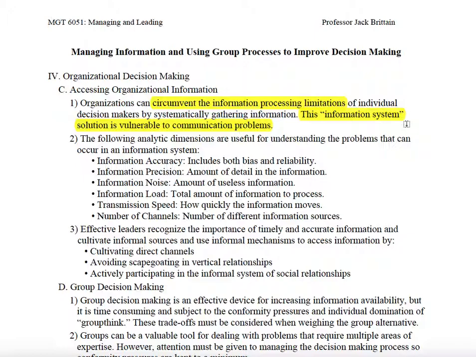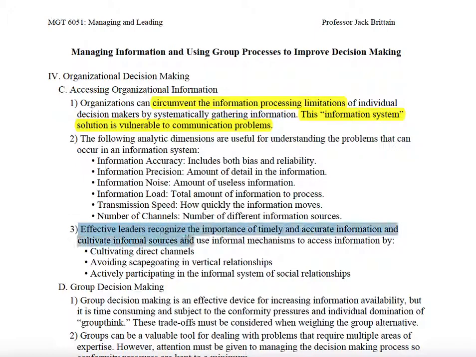And then effective leaders very actively participate in the informal system of social relationships. Informal leaders are as embedded in the trust network as anybody in the organization, and maybe even more so, and very actively use that trust network that you covered in the readings to make sure that they get timely and accurate information.